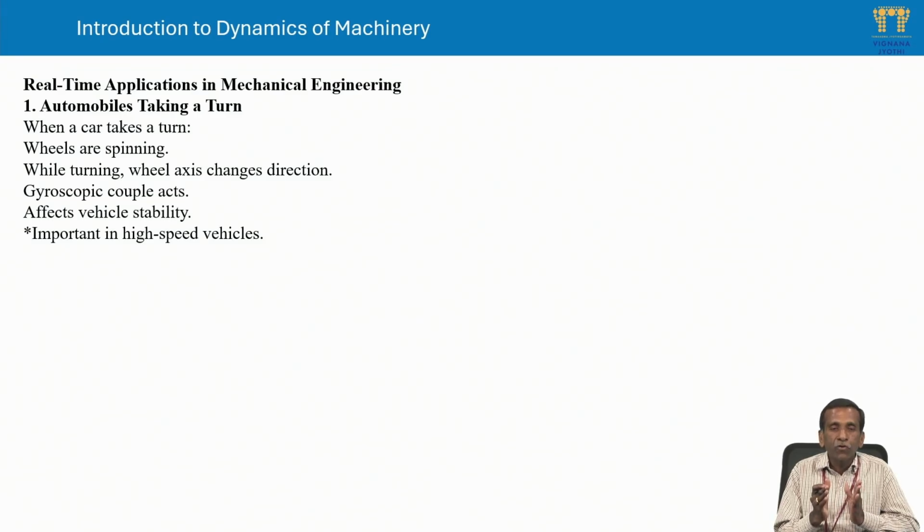The vehicle is going to tilt, so there is a reaction to maintain the stability of the vehicle, in the opposite direction. That is called the gyroscopic reaction against the action. It is important to study this in the case of automobiles.